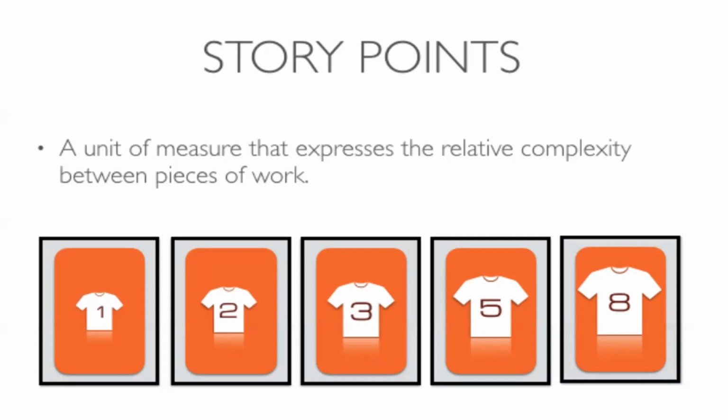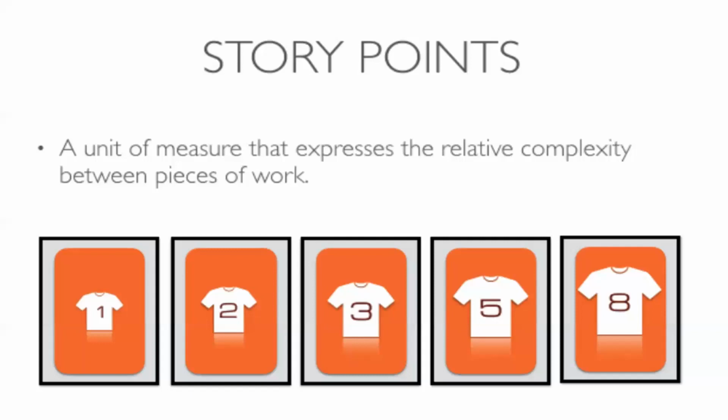The number denotes how much effort we are going to put in and how complex the work is. As we know, it is generally expressed in numbers like 1, 2, 3, 5, 8, 13, and so on. This is a very standard way of giving points to a particular story.